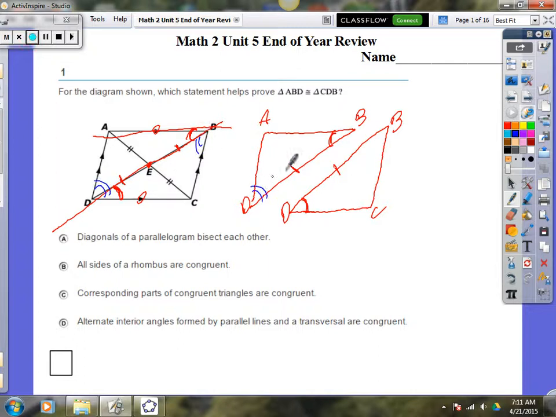So we're going to go with D. Alternate interior angles formed by parallel lines and a transversal are congruent. So I've got two angles that are congruent, and this side is congruent, so angle, side, angle.